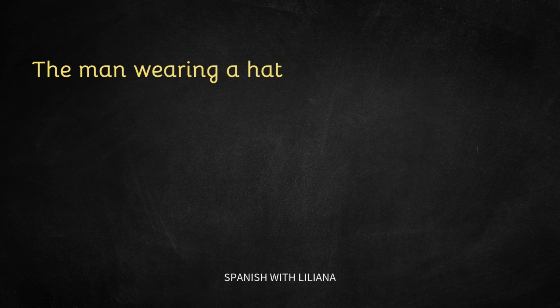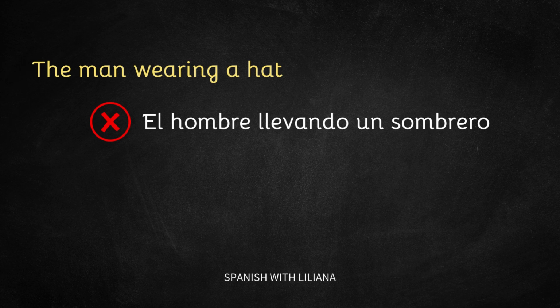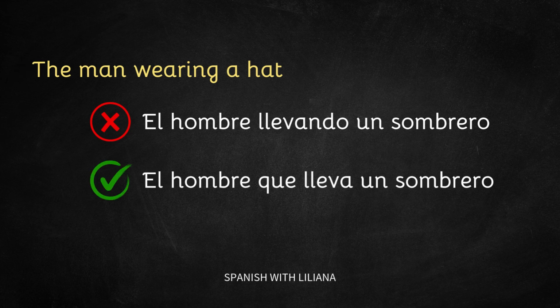Another example is the man wearing a hat. Here we think that it could be el hombre llevando un sombrero. But again, that is not correct. The correct way is el hombre que lleva un sombrero. So those are two mistakes that tend to happen when learning the gerunds in Spanish.